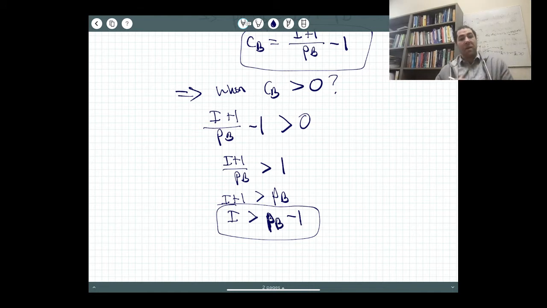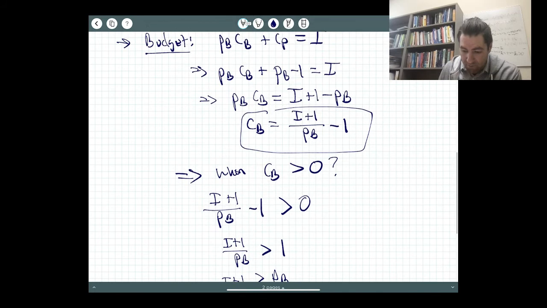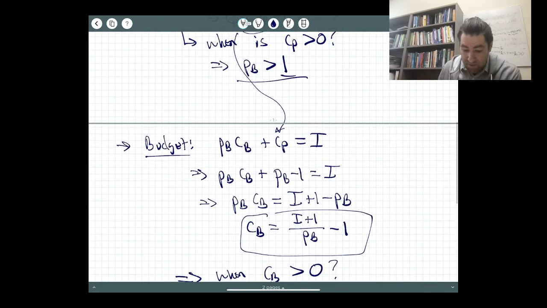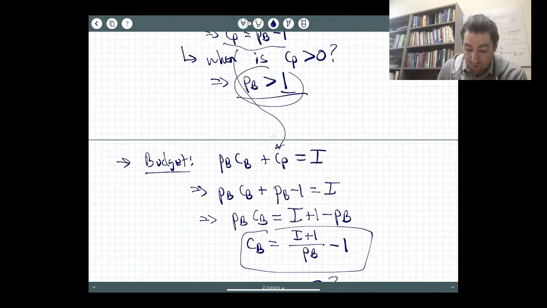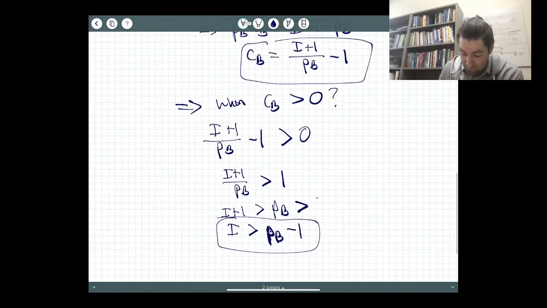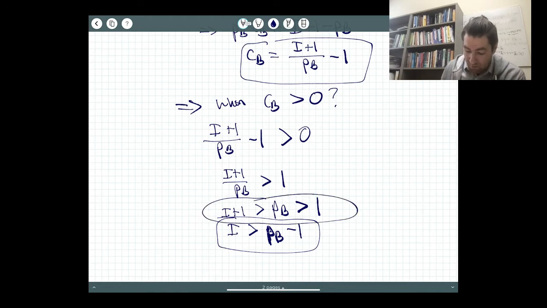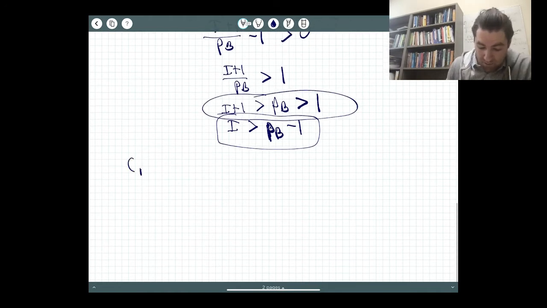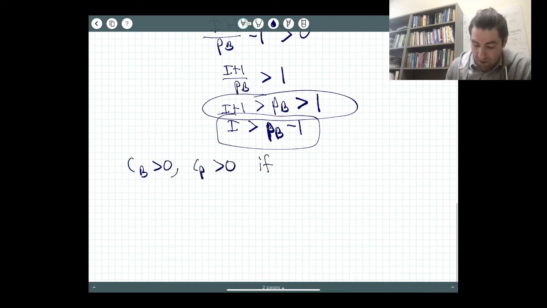So again, I've got some conditions on where PB needs to be in order for my consumptions to both be positive. Remember what we had before, that CP is positive when PB is bigger than 1. So if I take this and combine those, I would have both of these strictly positive if PB is in a certain range.